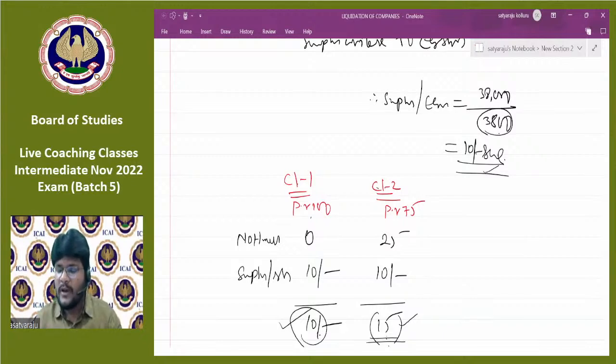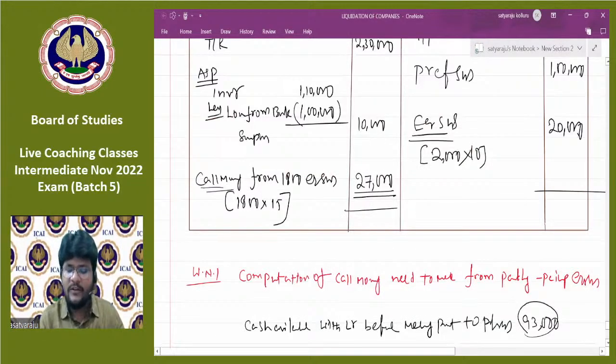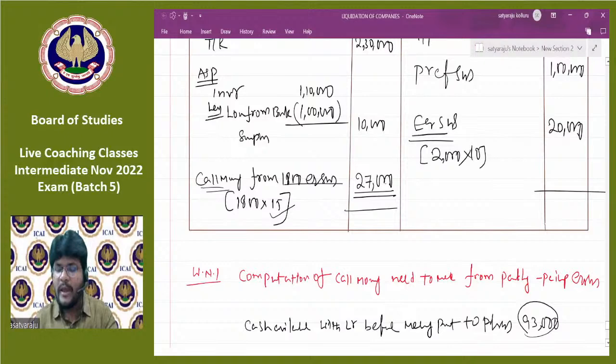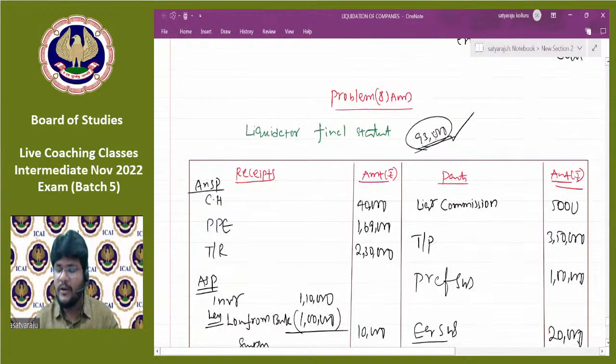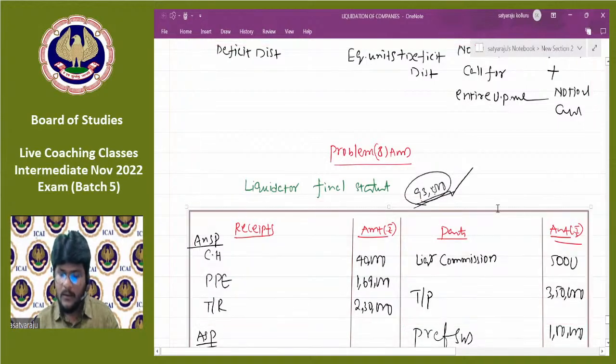Now, from this working note, it is clear that class 2 shareholders need to contribute 15 rupees per share. That's why I made a call on 1,800 equity shares at the rate of 15. Now I need to check the real cash available after making this call. Before the call, cash with the liquidator was 93,000.